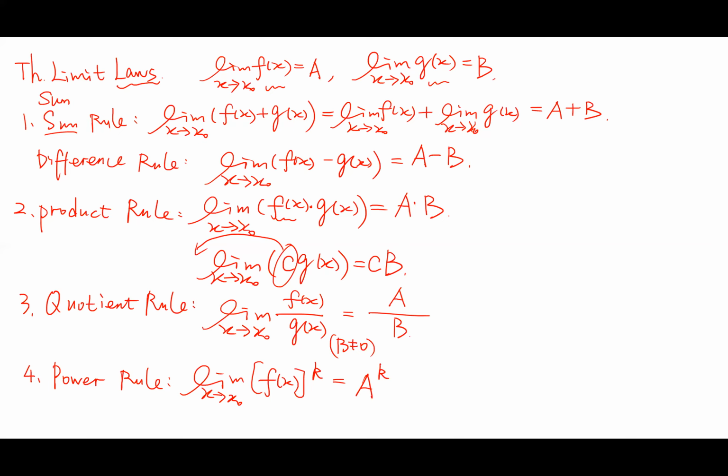So we can rewrite it as the limit of f of x, outside the power k, equals a to the power k. So here are the laws we can use when calculating limits, guys.